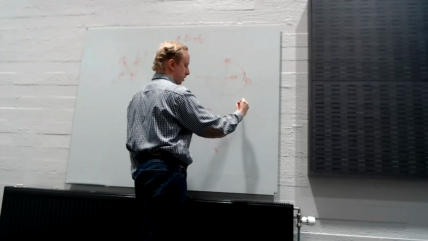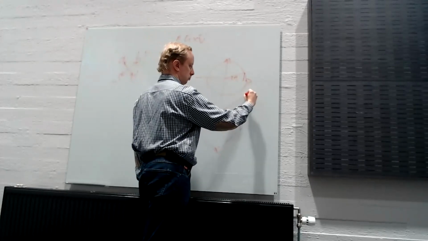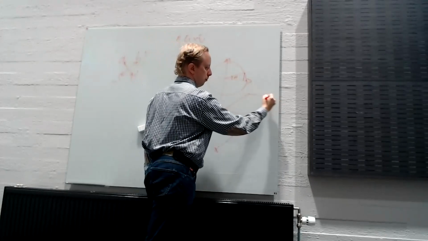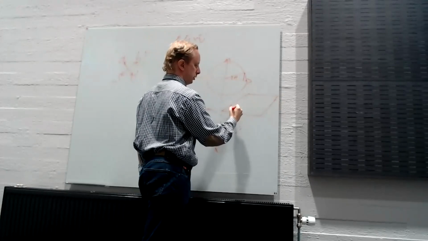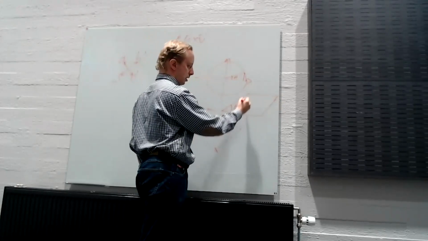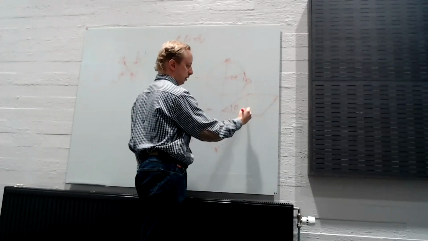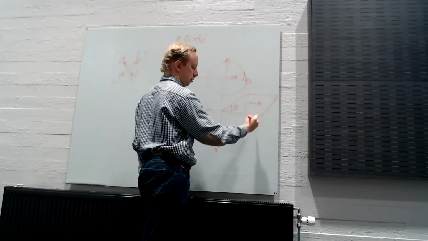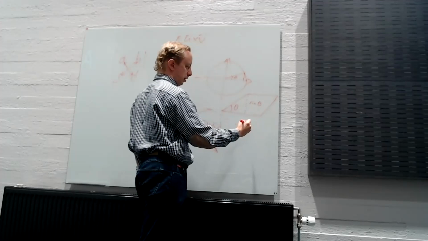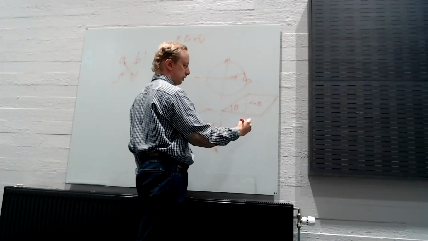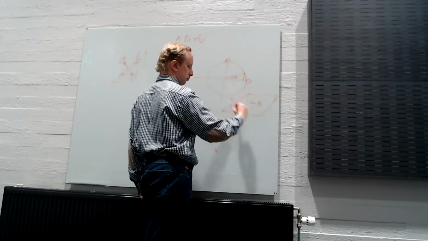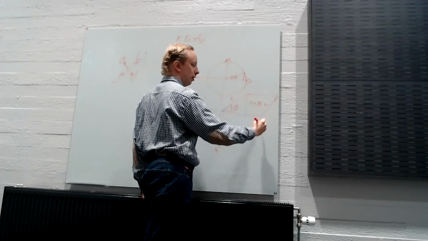So when we're having a parallelogram where the angle here is theta, then sine theta is the height. Or sine theta times v is the height, of course.